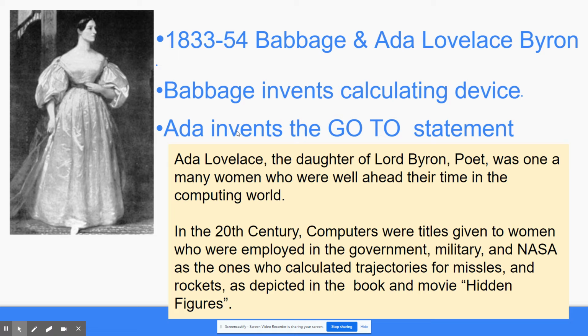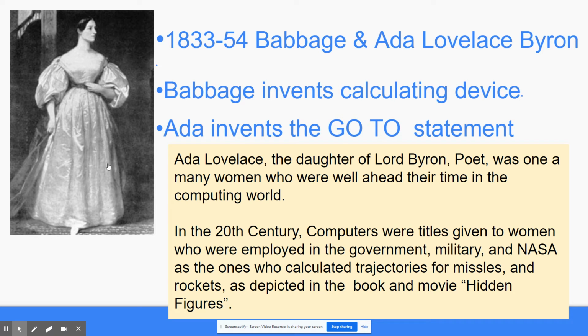They usually had tutors, and it was more important for them to learn how to embroider or to keep house than it was for them to learn educational topics such as math and science. But Ada Lovelace was a brilliant person, and she worked with Babbage after she had heard about his calculating machine.